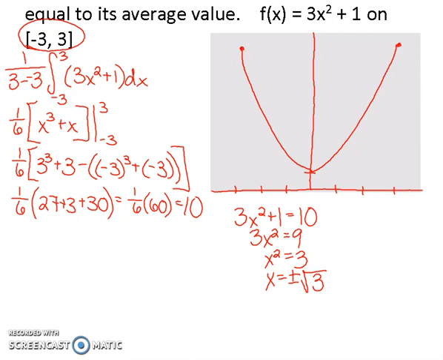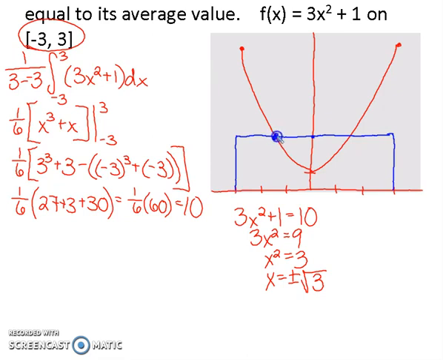So let me show you where this 10 comes in. So if I go up to a y value of 10, that would be roughly about right here. And if I make a rectangle that is as tall as my average value and as wide as my interval, guess what? The amount of area in that blue rectangle is the same as the amount of area under my red curve, my 3x squared plus 1.